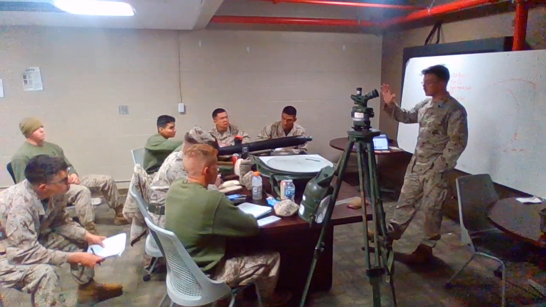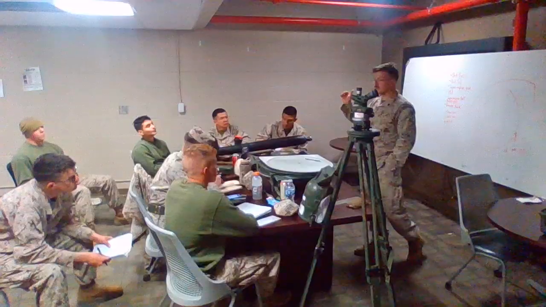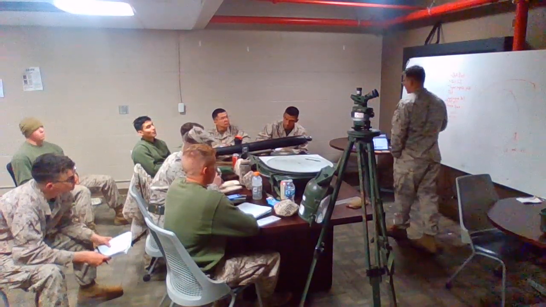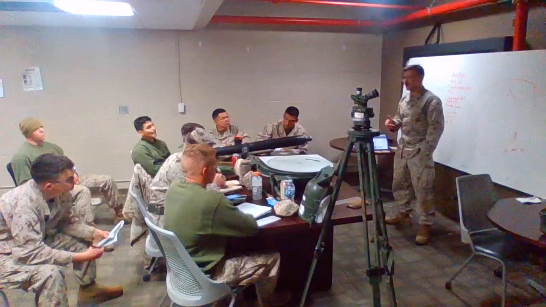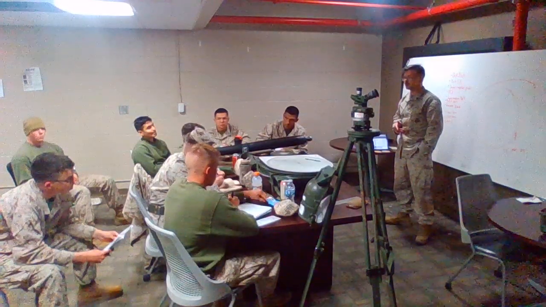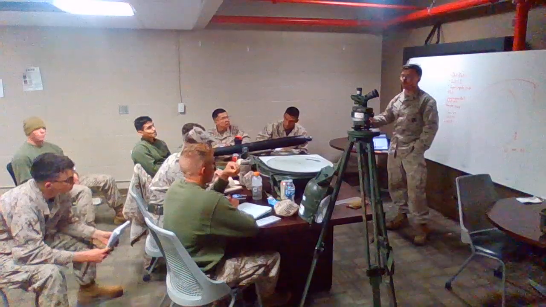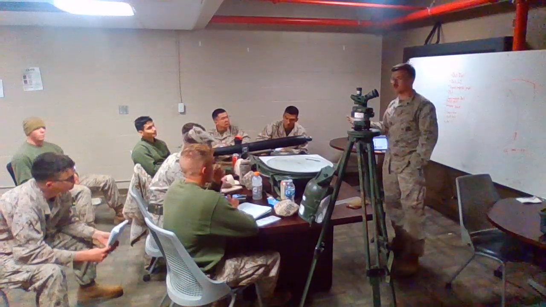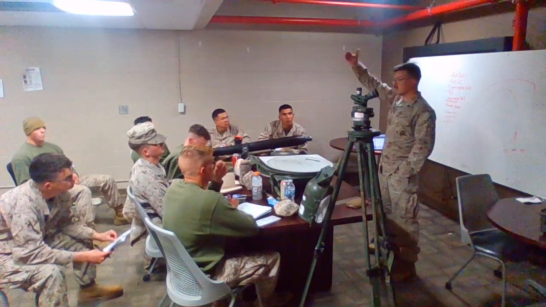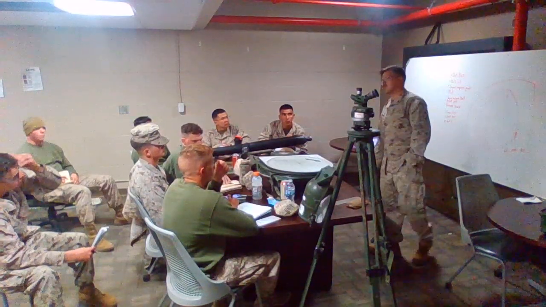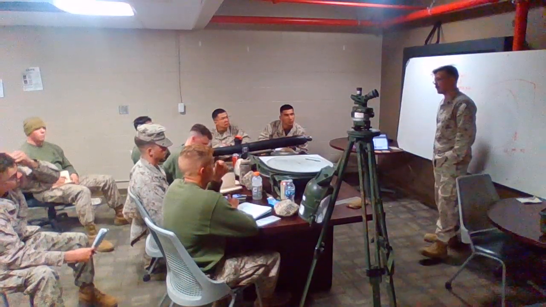For cardinal directions, northeast, southwest, where would I want to put my direction of fire? Towards the west. Why? Because they're coming from the west. But we are also on the west of Quack Pass. We're on the west of Quack Pass, they're coming from the west of Quack Pass, but they're coming from like 1.6 above us. Would it be the opposite, the east?